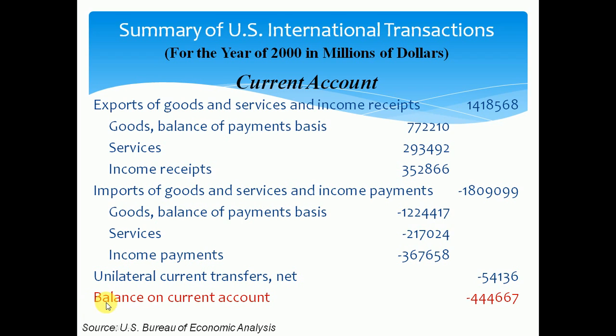So now the total balance on current account, see the difference between these two, it is coming in negative, and then we add this 5 lakh, so we are getting 4,44,667. It is showing a negative item, so it means that more money is going out of the country because of the current account. The difference between these two, and then add this. Maybe there will be some mistake, but overall it will be negative.